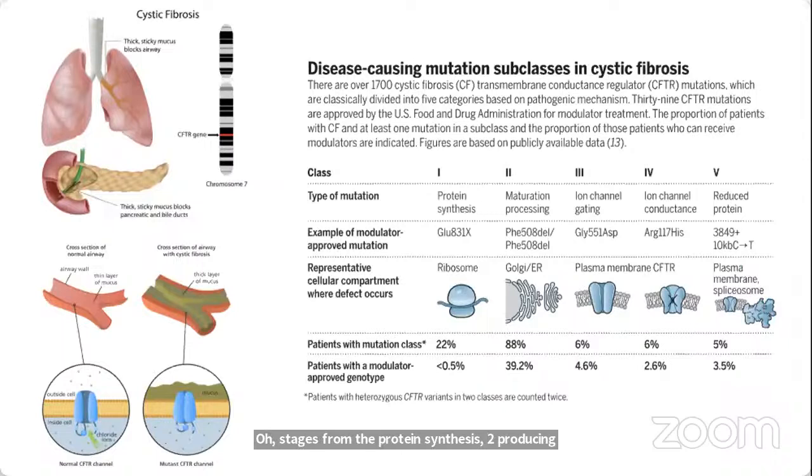The most common disease-causing mutation across these 5 classes of CFTR is in protein processing or maturation, where one specific amino acid, phenylalanine, is deleted. And this occurs in more than 80% of the patients, and that causes incorrect regulation of the mucus formation, and hence it results in chronic lung disease.